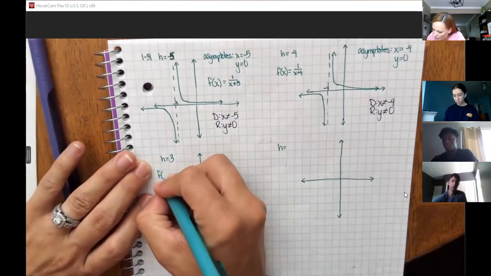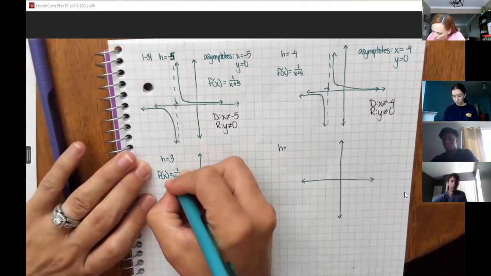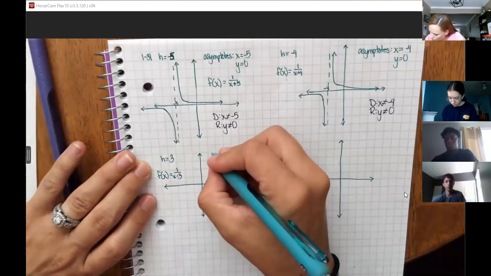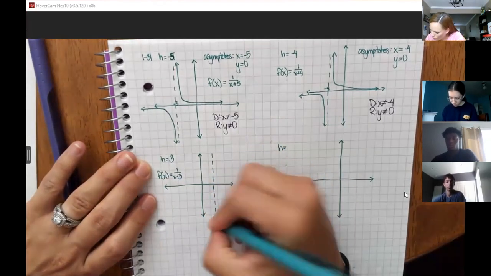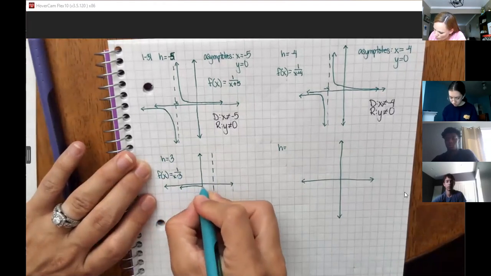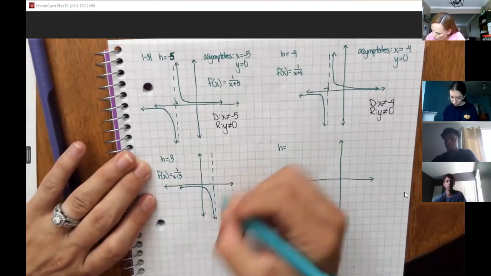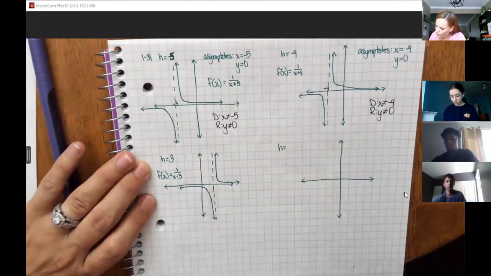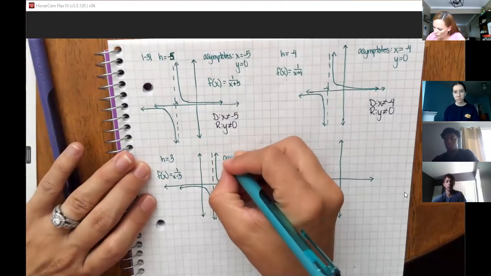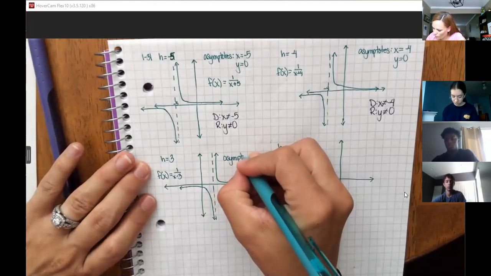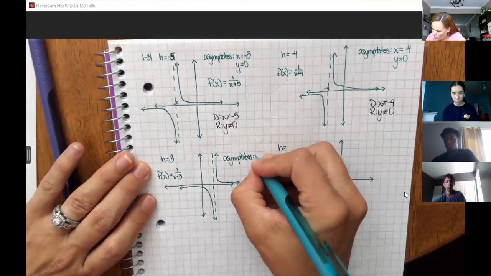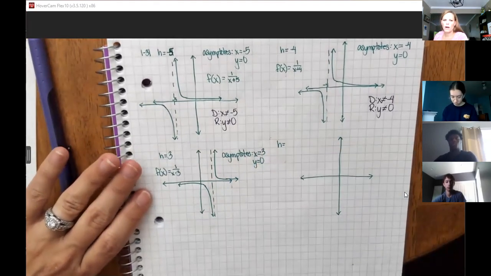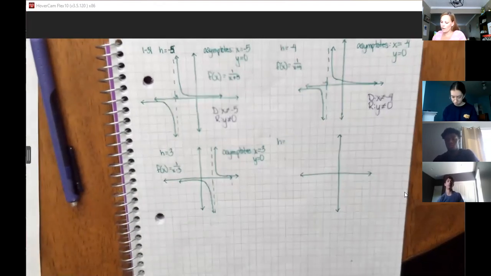Our equation would be f of x equals 1 over x minus 3. Our asymptotes are x equals 3 and y equals 0.